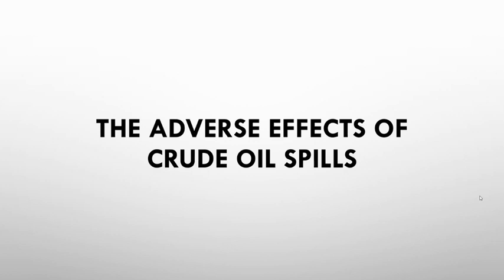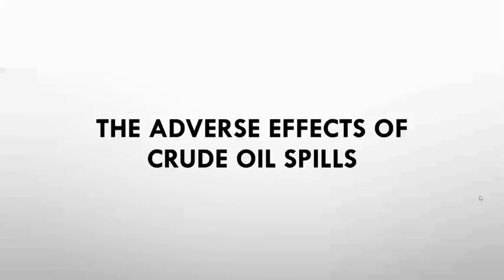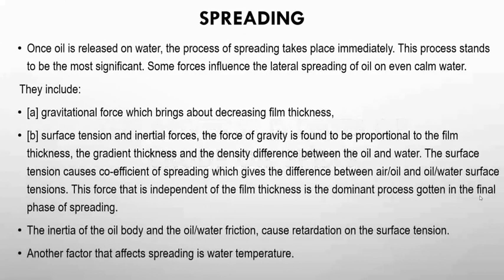Now, the adverse effects of crude oil spills. One is spreading, which causes the oil to spread over a large area of both land and water, even when the water is not flowing. Oil has a way of spreading, and why?